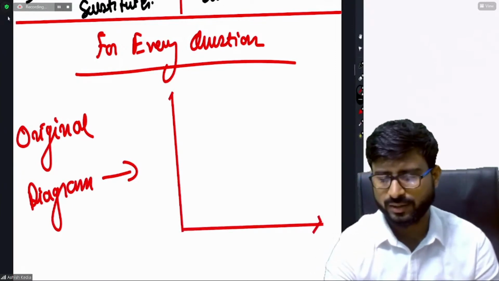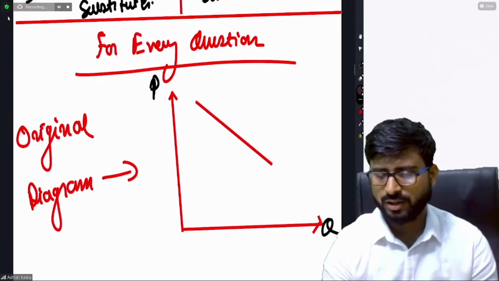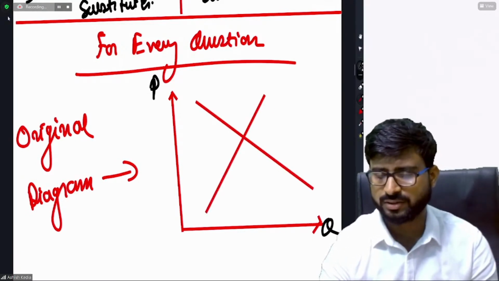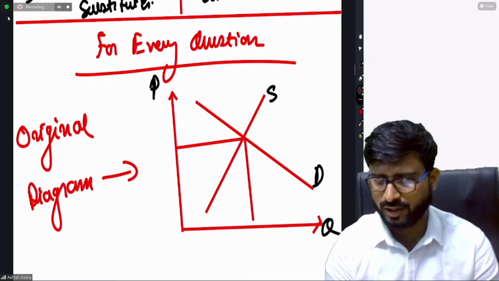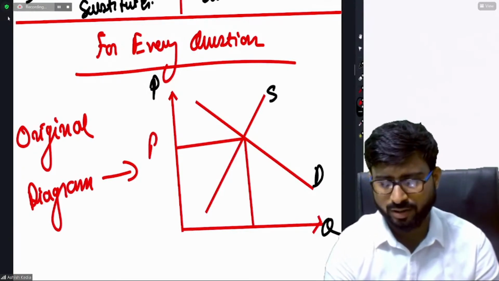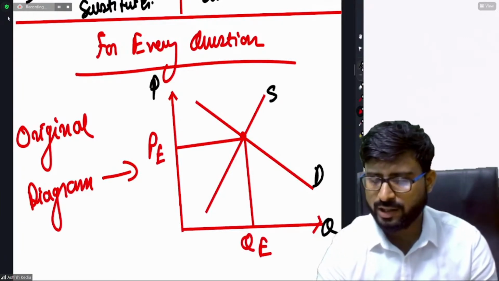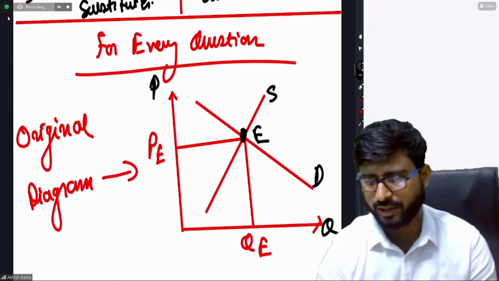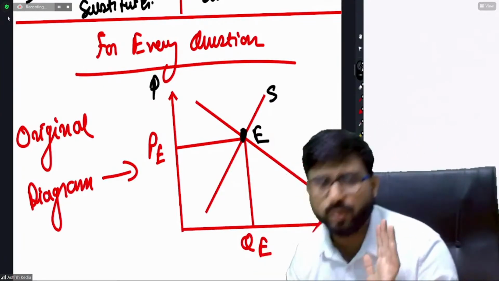Price, quantity, price axis, quantity axis, demand axis, supply axis. Always remember this. This is the equilibrium point. This is the equilibrium price, and this is the equilibrium quantity, and here is the equilibrium point. Khatam. Original. This is always the original.